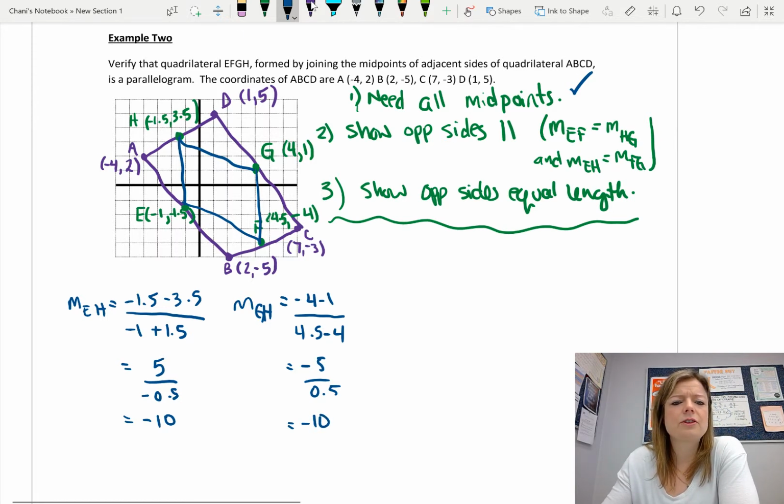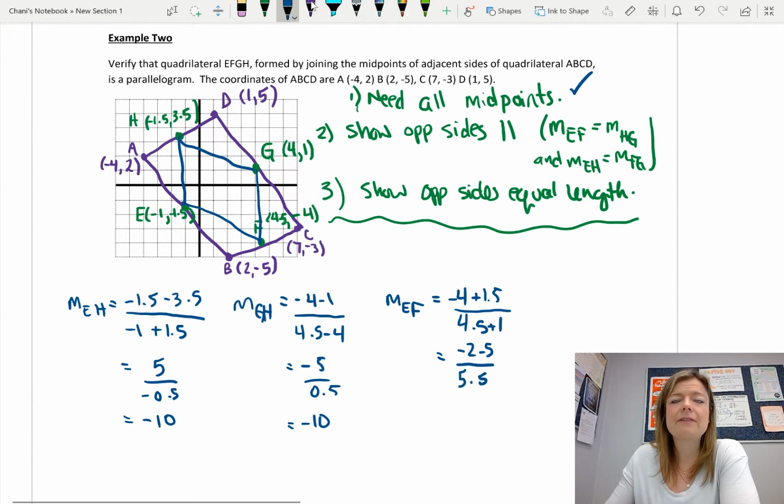Now let's do HG and EF. For the slope of EF, we do our y values first, negative 4 plus 1.5 divided by 4.5 plus 1, which gives us, now this is where decimals get weird, negative 2.5 over 5.5.